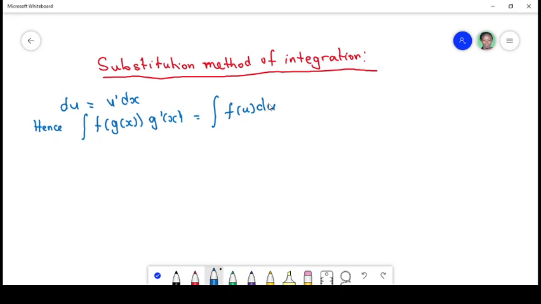So an example is this. Let's say I have this integral: the integral of (3x minus 5) to the power 12 dx.